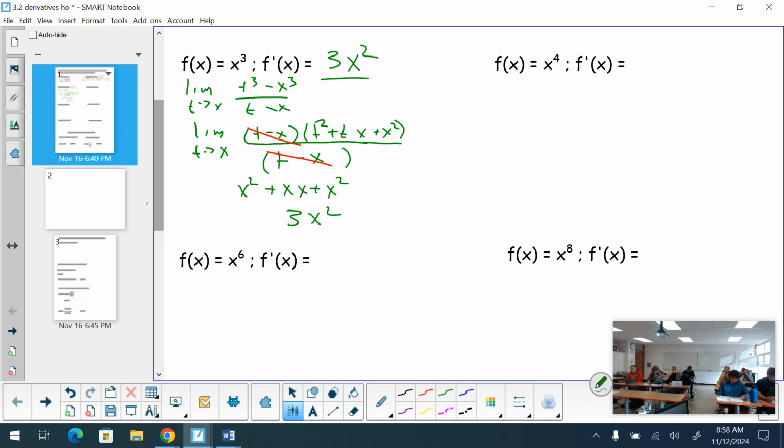X to the fourth. Now this takes us back to the difference of perfect squares. So we have the limit as t is approaching x of t to the fourth minus x to the fourth over t minus x.